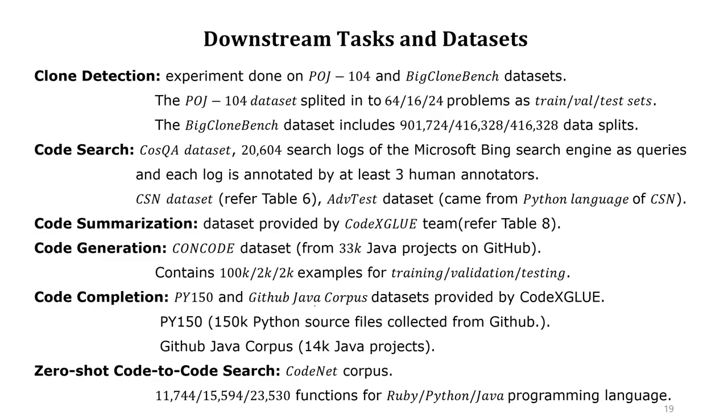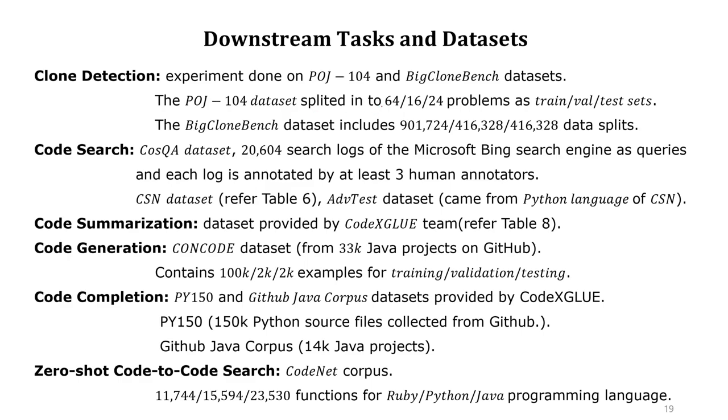When you see the downstream tasks, we have such numbers of downstream tasks. Let's say clone detection. It uses two datasets, POJ104 and BigCloneBench dataset. POJ104 is a dataset containing 104 problems, which are written in C and C++, containing 500 programming problems.